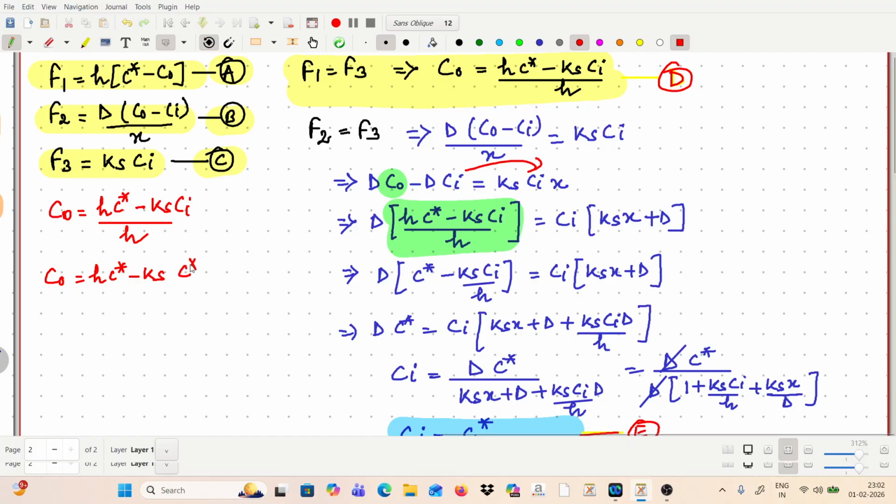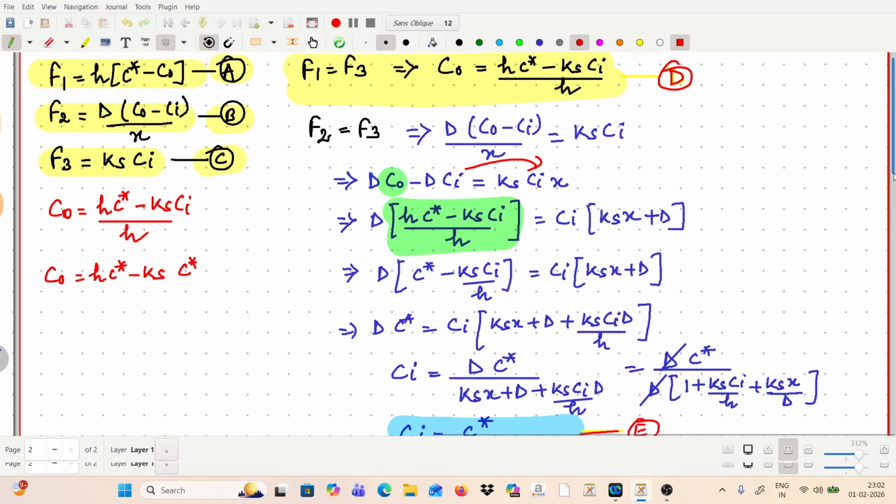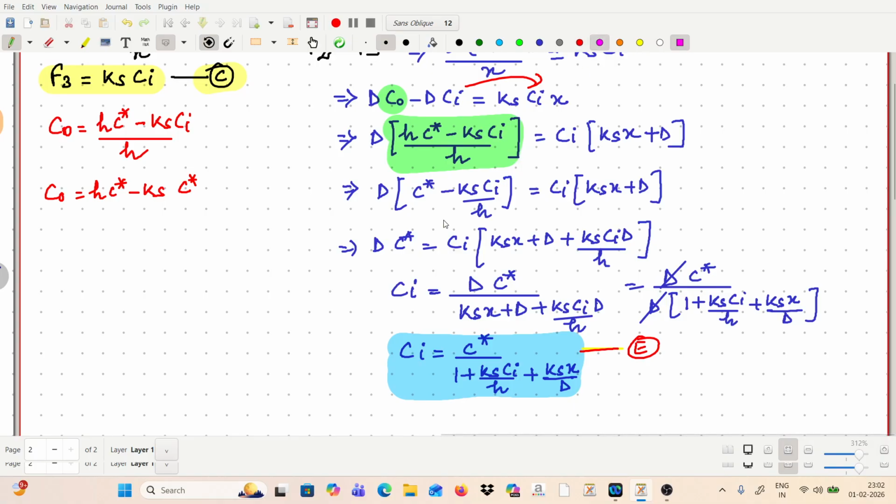CI we have already found, this value we have to put here, and this one from equation number D. So now KS C star upon 1 plus KS CI by H plus KSX by D. There is some simple solution we have to do.